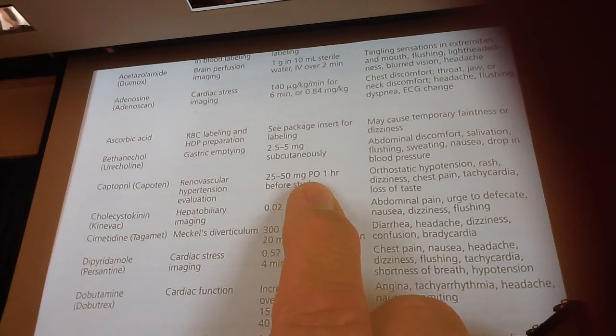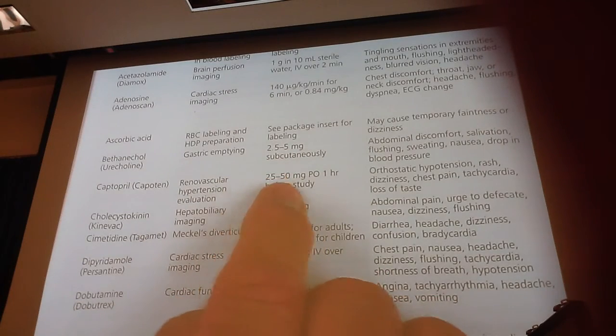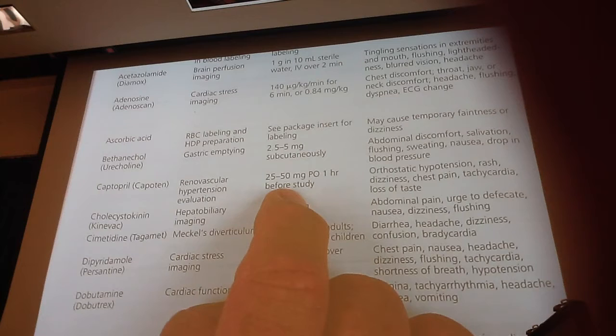So you should see the GFR go down. A normal kidney will not work as well when you give captopril, so it cuts down the function. But if it stays the same, that tells you that there's renal artery stenosis.